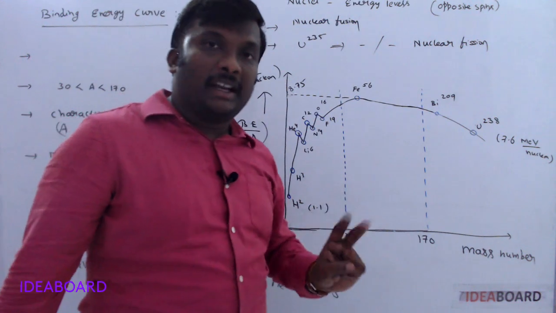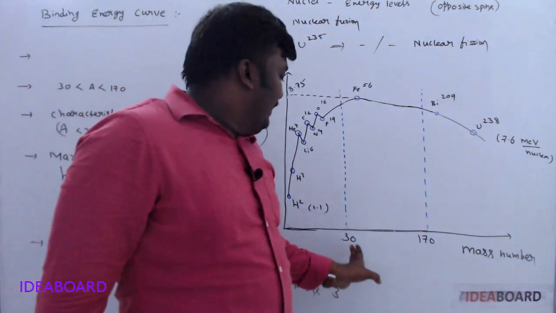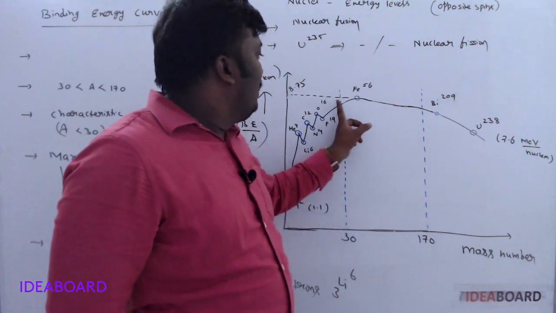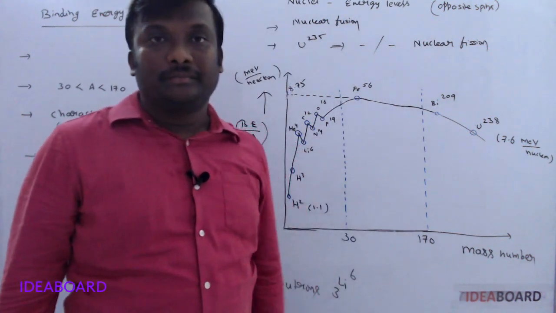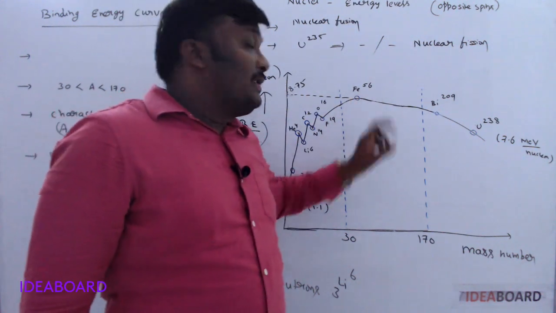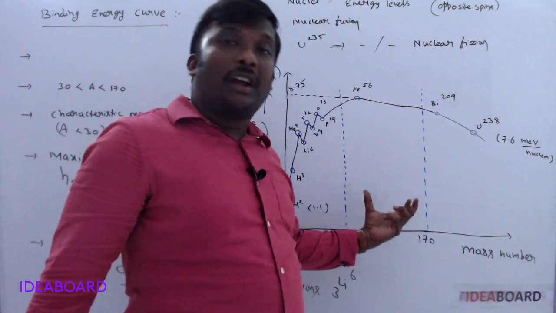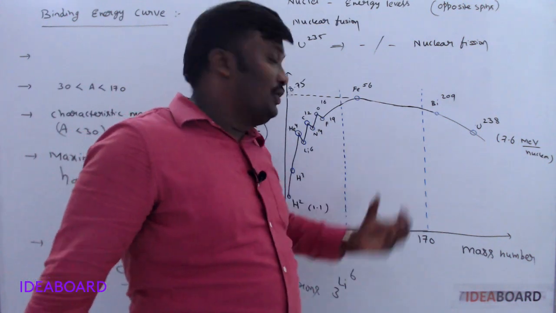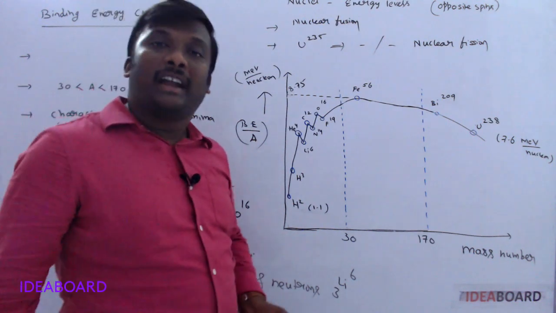Clear now? Second point, see properly. In between 30 and 170, most nuclei have the same binding energy, because nuclear forces are short range forces. Within this region, the binding energy per nucleon is independent of the atomic number.